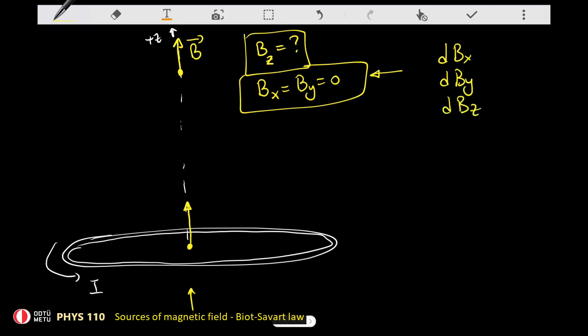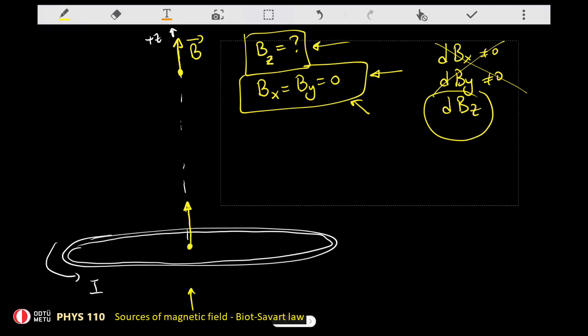So all three components will be non-zero in that case. But I know that their integrals will be equal to 0. So I'm just going to forget about them. I know that by symmetry, their integrals are equal to 0. So just don't spend time on computing them. I'm just going to compute the z component of the magnetic field produced by a given segment, integrate it, and find the z component of the total magnetic field that we are looking for.